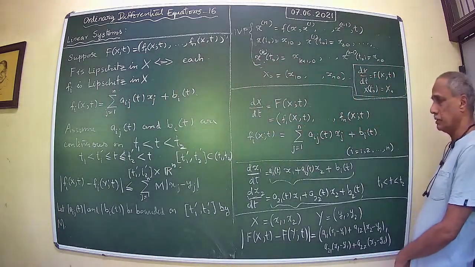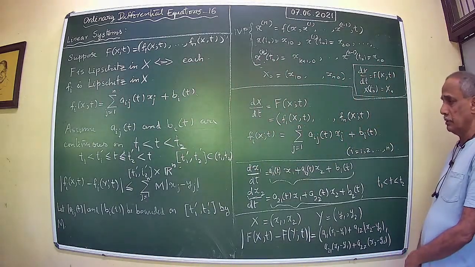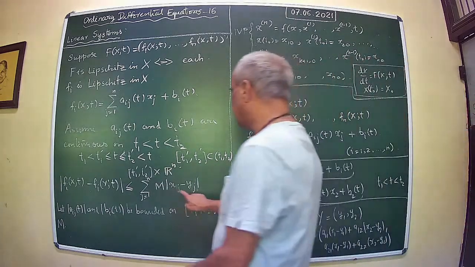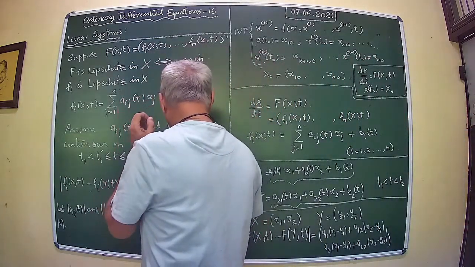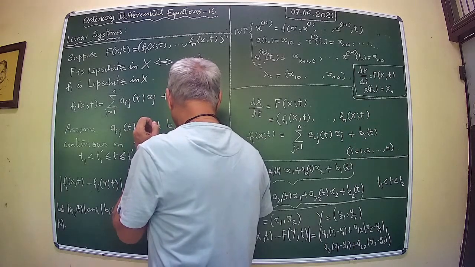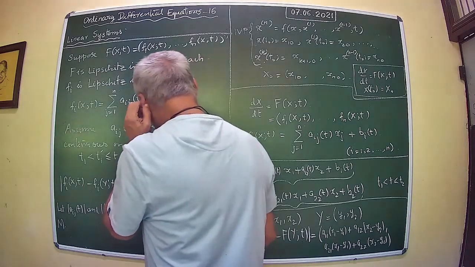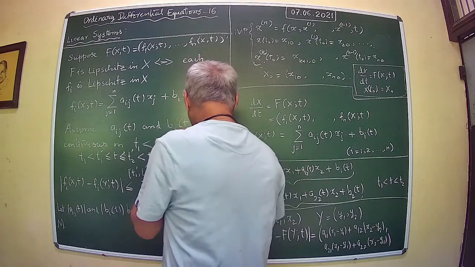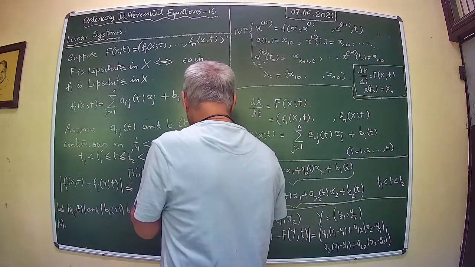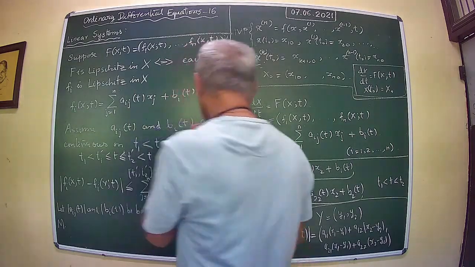This is what you get. And you can easily see that there is some constant k for which this is less than or equal to the norm of x minus y, this is the R^n norm.